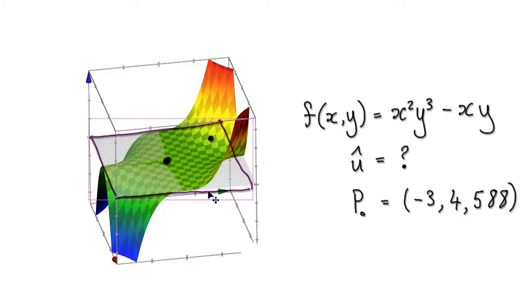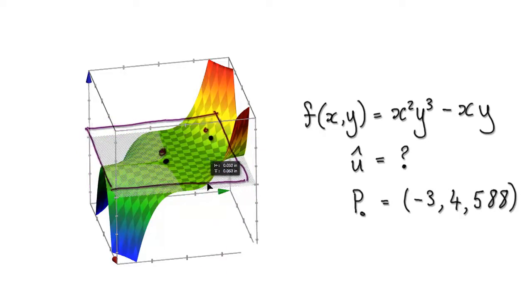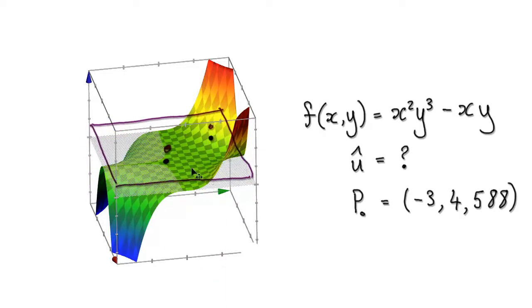Head up to 588, and then cut Mount Everest up. Basically put this into here, and that will give you your level curve.